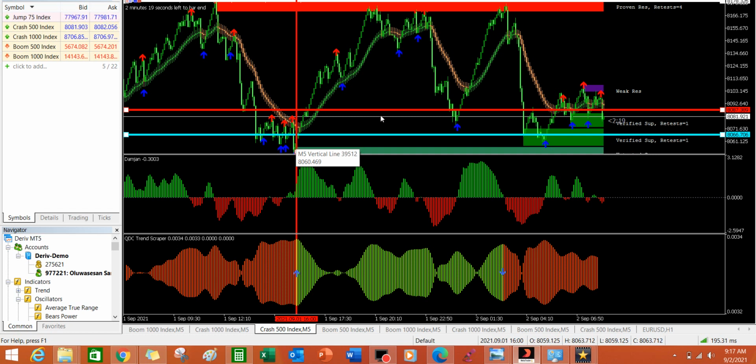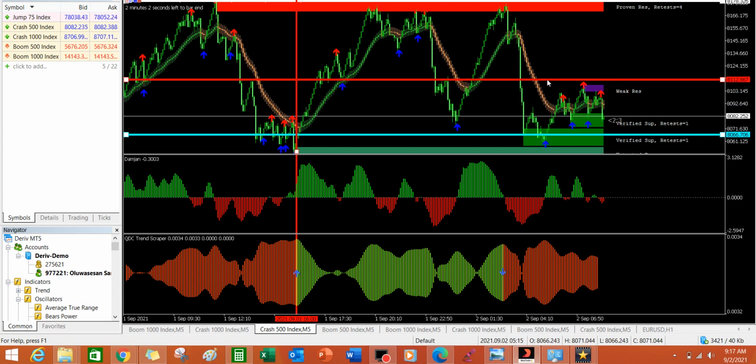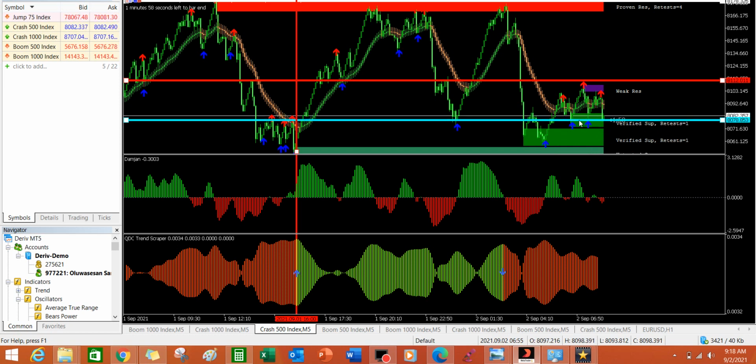Okay, another good example is this. Let me use this as another good example. You can see right here on this resistance zone, the trend started from there, and it has been going down ever since. So if you had seen this video before, you should have introduced your stop loss here, while the current action price is somewhere here. So the profit between here and here is locked up for you.